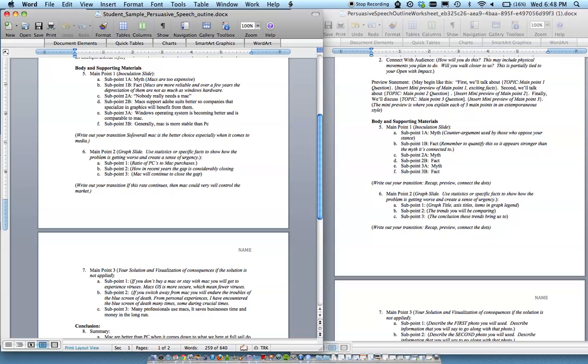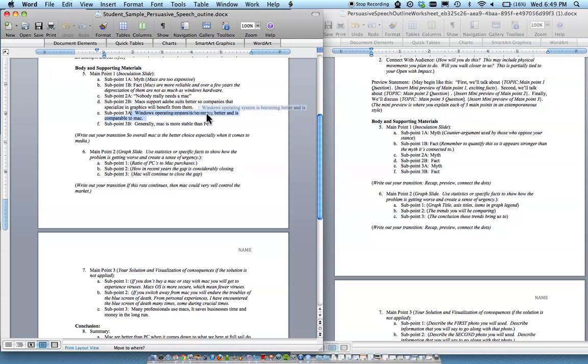So this student said, so overall, Mac is a better choice, especially when it comes to media. When we look at it, the student did "Macs are too expensive" and refuted it with "Macs are more reliable over a few years." "Nobody really needs Mac"; "Macs are better suited to companies that specialize in graphics"; "Windows are becoming the same."